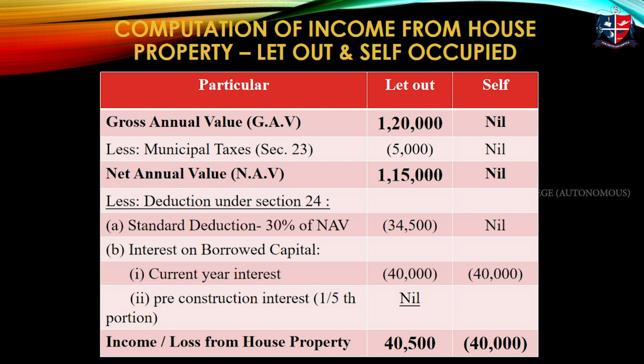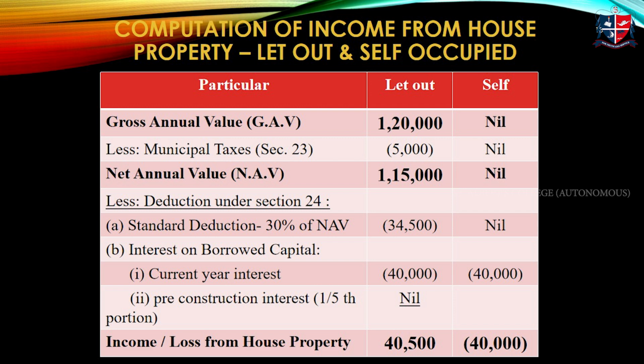We have already calculated half of 80,000, that is 40,000. Here we have to notice that there is a 40,000 deduction in case of self-occupied property. So the amount will be 40,500 in case of let out property, and in case of self-occupied property we get a loss.